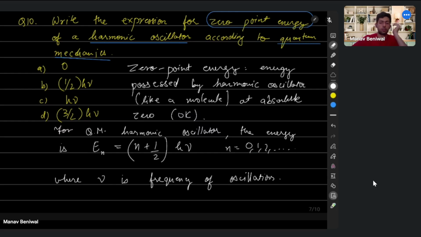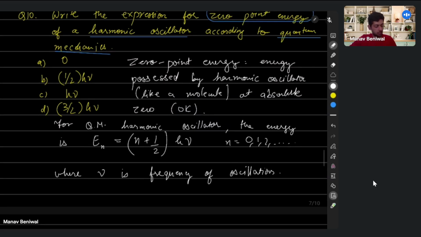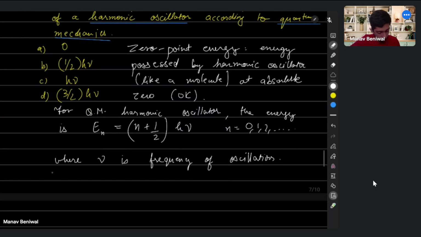So at absolute zero, which is the zero point energy, n is 0. This implies E0 will be half h nu.